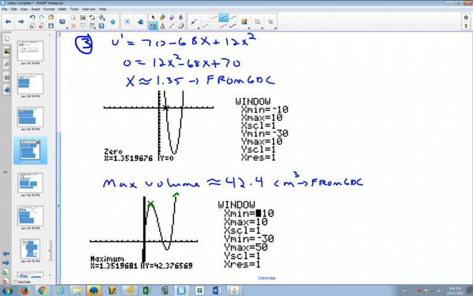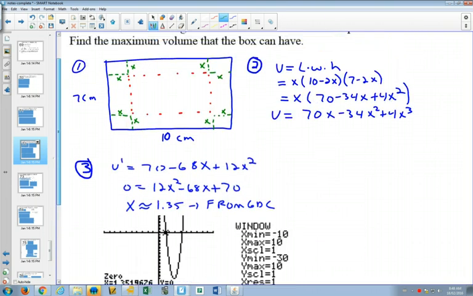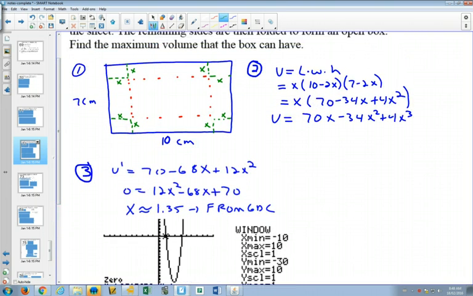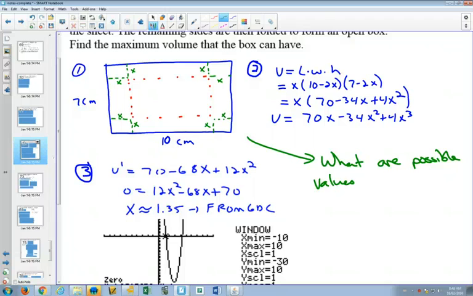And here is where the context of the problem comes into play. If we look back at our diagram here, and we ask ourselves, what are possible values for x? In other words, what is the domain that we can actually look at?